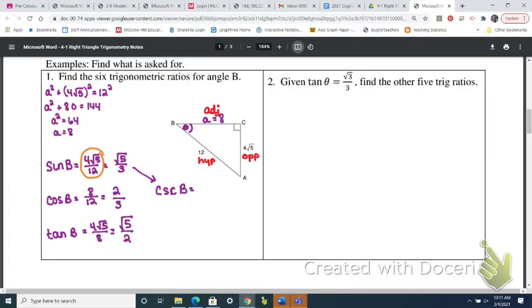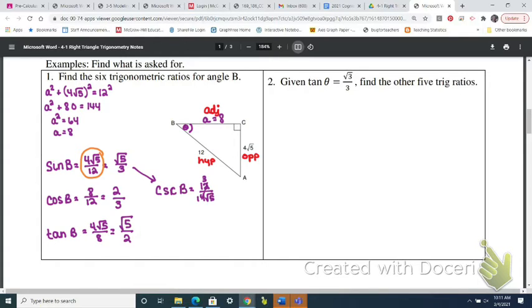It's just flipping it. So I'm going to do 12 over 4 square roots of 5. So this reduces to 3 over 1.